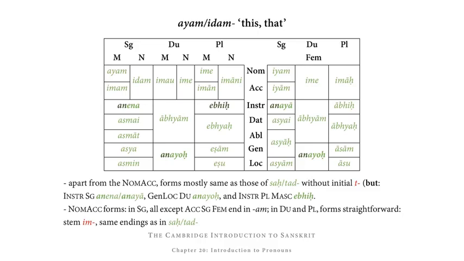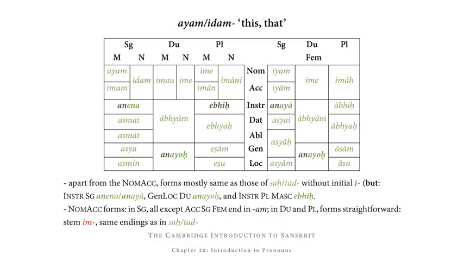So, for example, in the bottom left-hand corner, we have the locative singular asmin, which is just like tasmin without the initial t. Above that, asya instead of tasya, asmat instead of tasmat, asmai instead of tasmai, and so on.